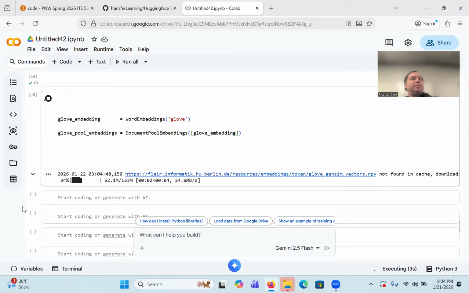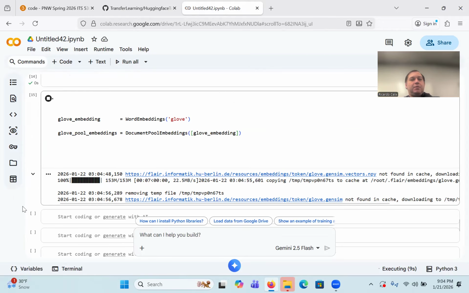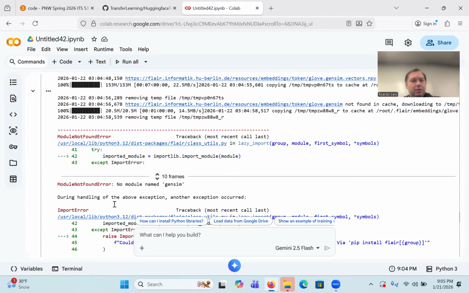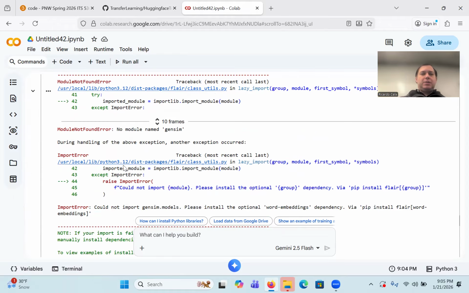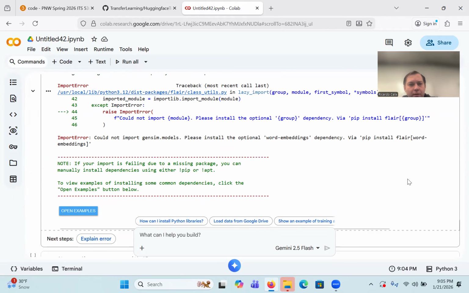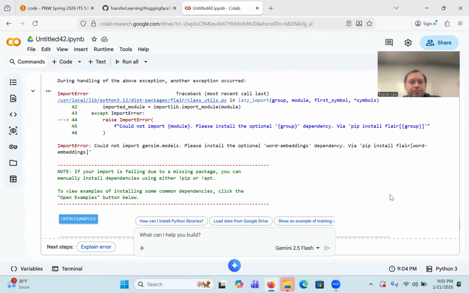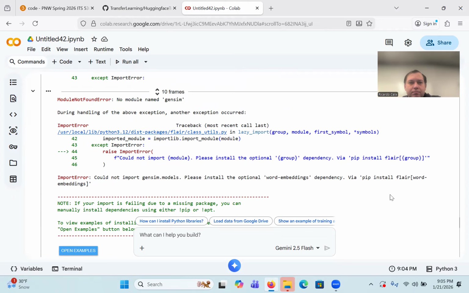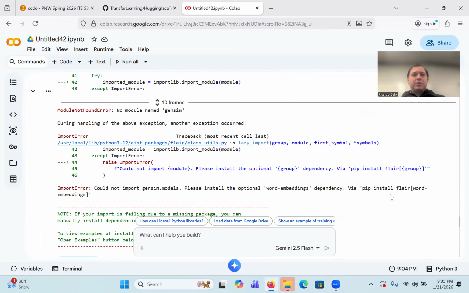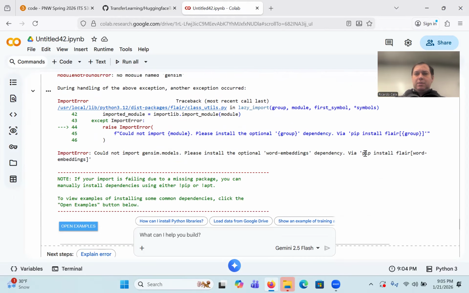So you can see this is pretty big because it was a lot of data that was trained beforehand. Okay, and again. Oh, there's an error.